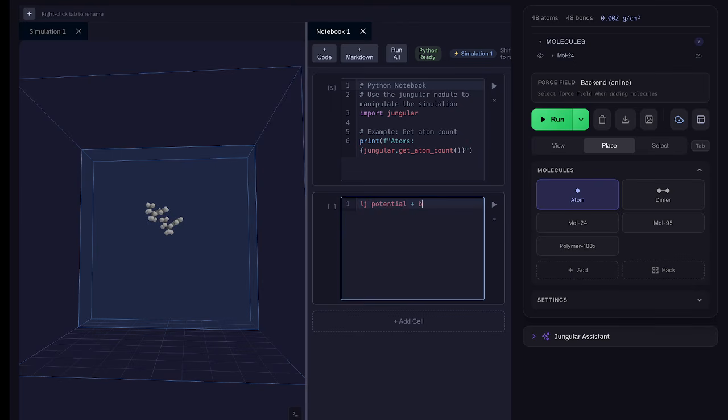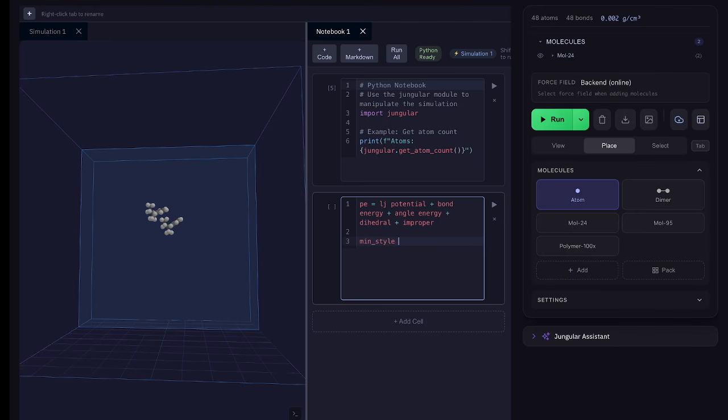And we also have bond energy, angle energy, dihedral, and sometimes improper. This is going to be the total potential energy. From there we can calculate the force, which is going to be the negative gradient of the total potential energy. And then from there we can do different styles of minimization.